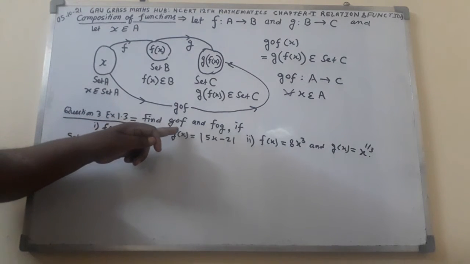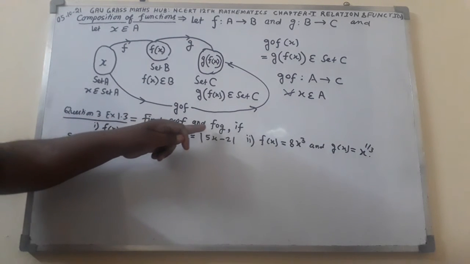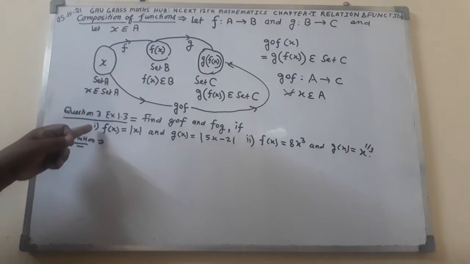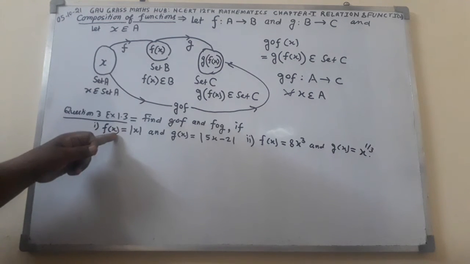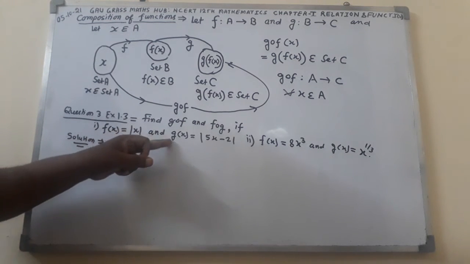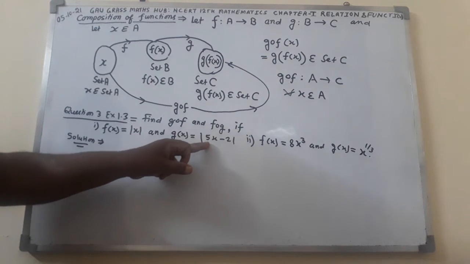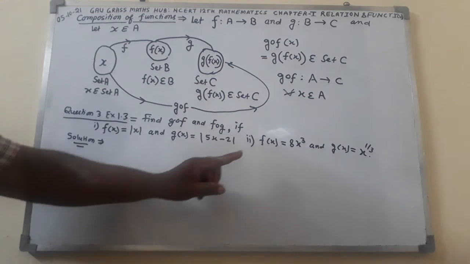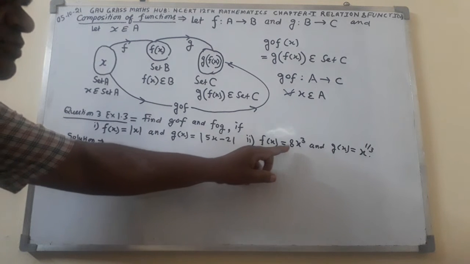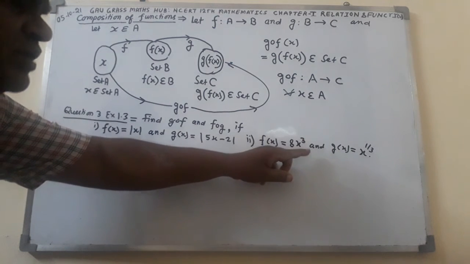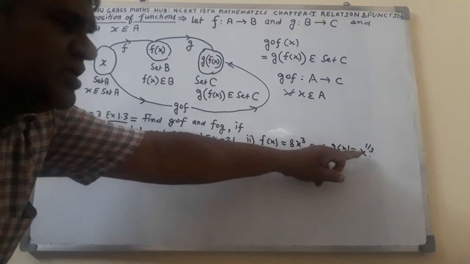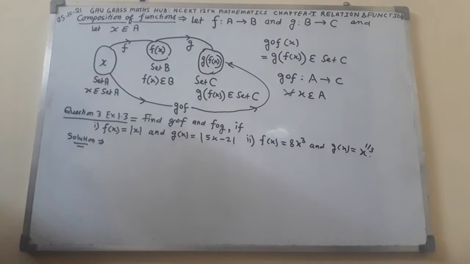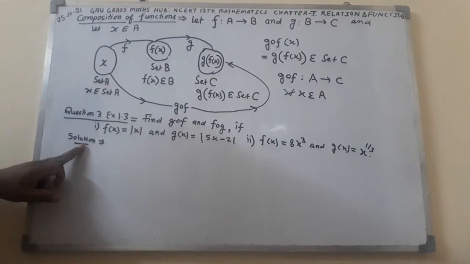Find gof and fog if, Roman 1, f of x equal to mod x and g of x equal to mod 5x minus 2. Second one is f of x equal to 8x cube and g of x equal to x raised to the power 1 over 3. Now what to do next?